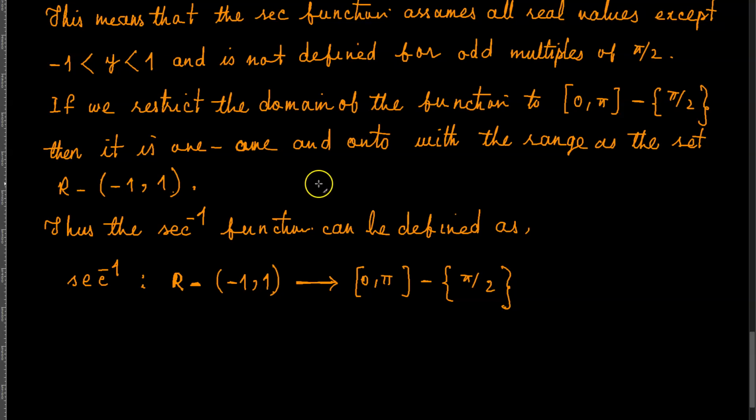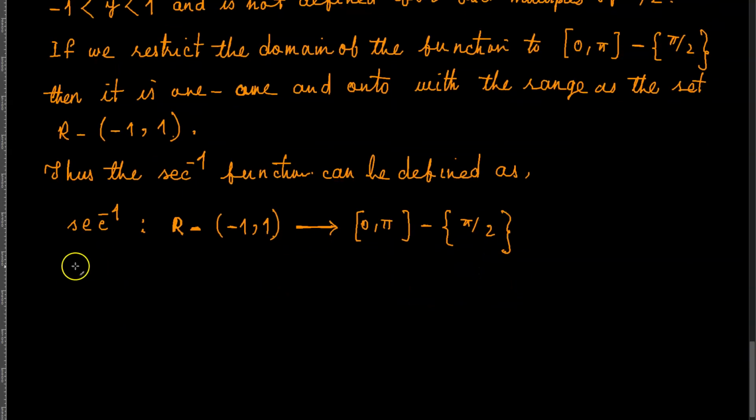What that means is that of course this would be the principal branch of the function, but you can just as well write the secant inverse function with the domain as the range that we had before, which is R minus negative 1 comma 1, and then map that to any other interval that you wish.